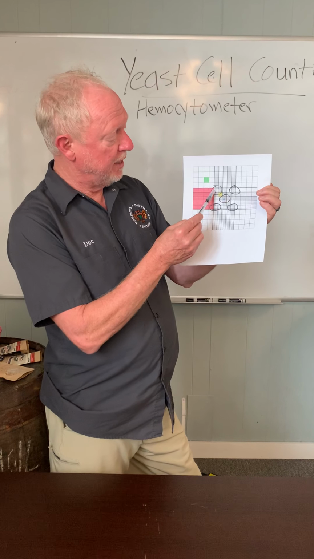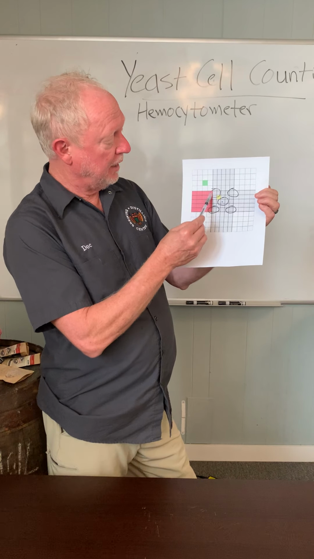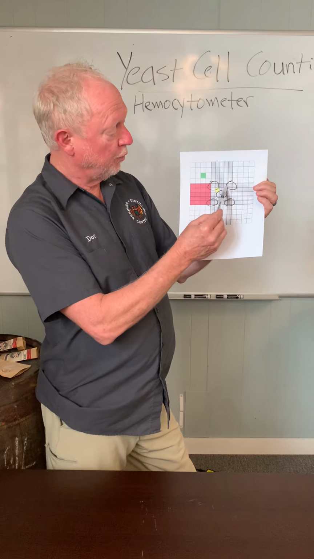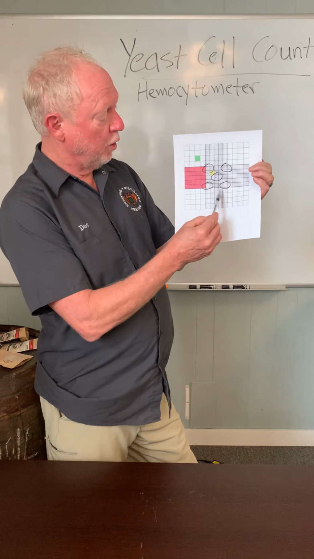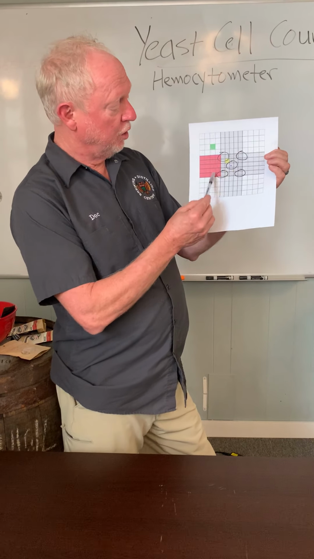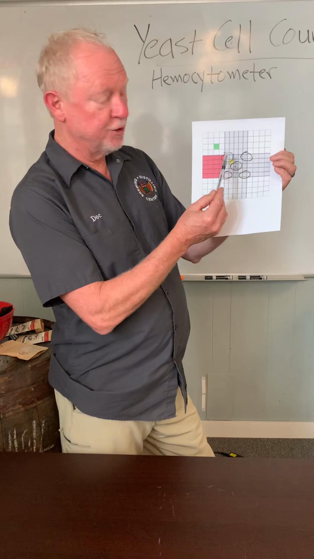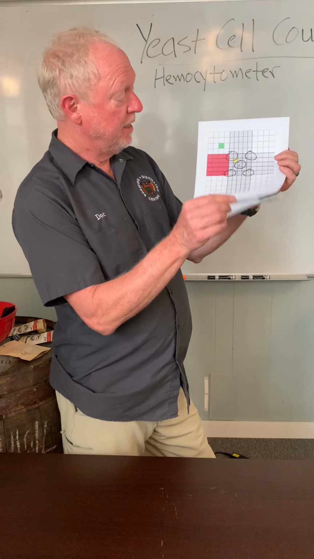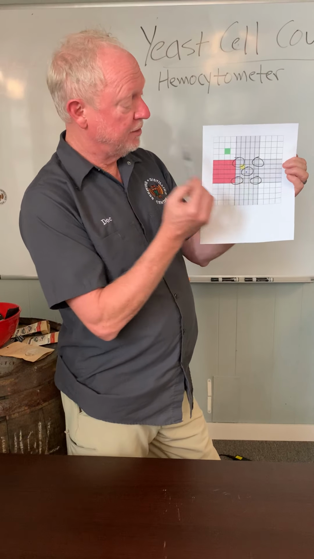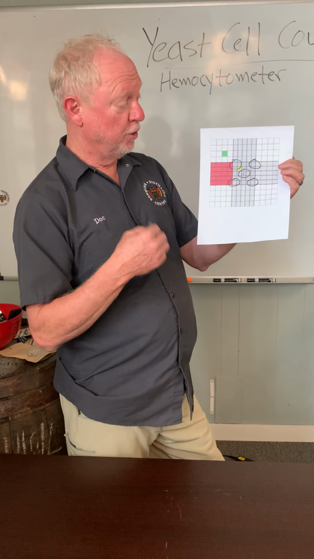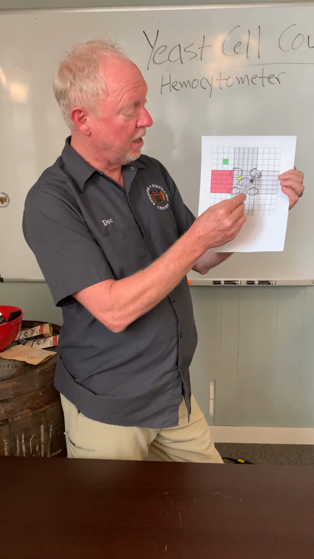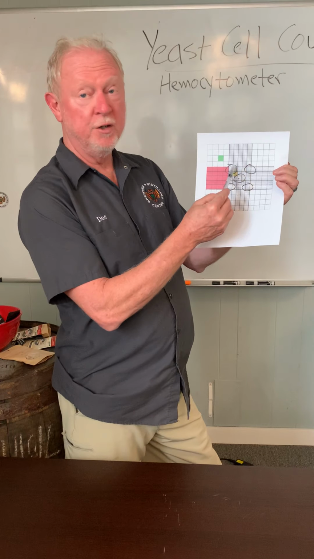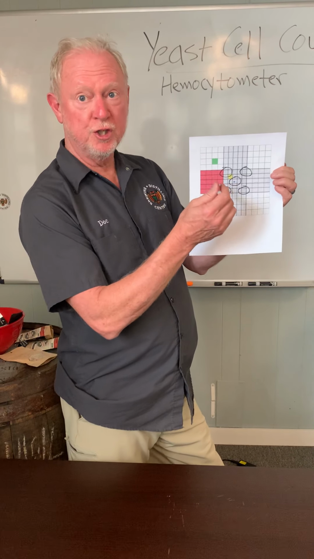So we're going to count the cells in our upper left square, upper right square, lower right square, lower left square, and the middle square. So we're going to count the cells in those 5 squares. Then we're going to multiply that times 5 in a second so we can get all the cells that are in that big square.